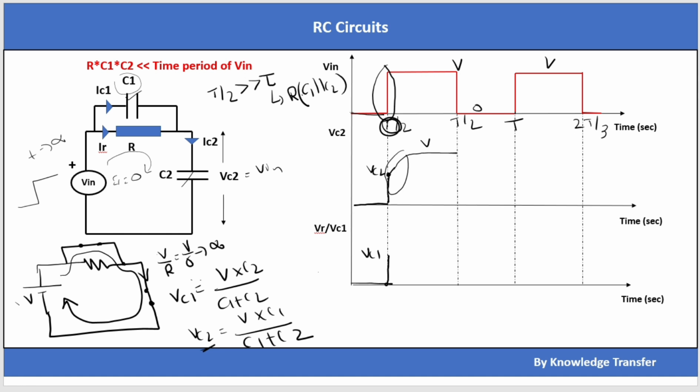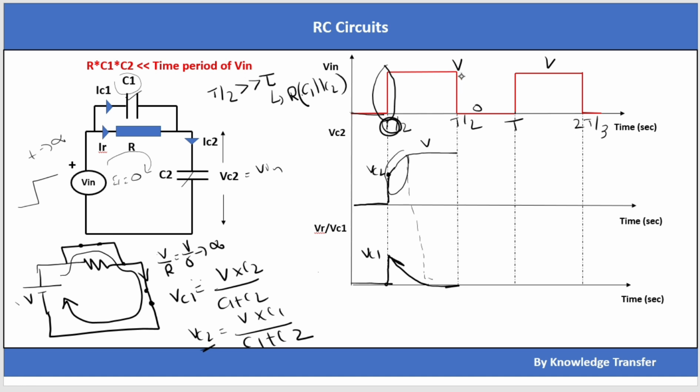In the same way, VC1 will discharge from its initial voltage to 0 volt within the same time. Okay, here it will be 0.